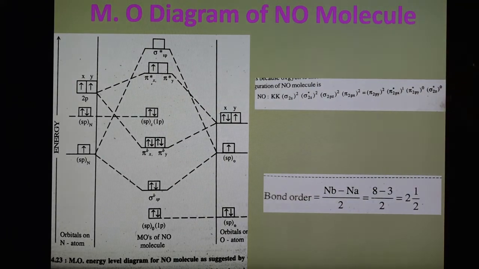So 6 minus 1 is 5, 5 upon 2 is 2.5. So 2.5 is the bond order.